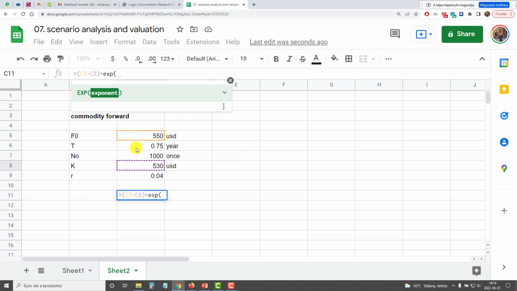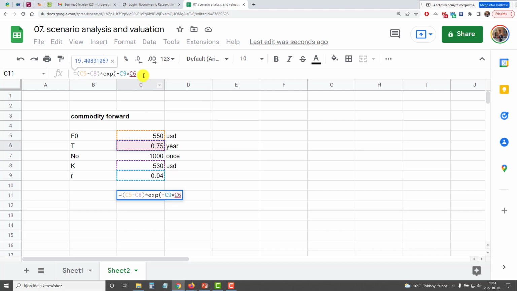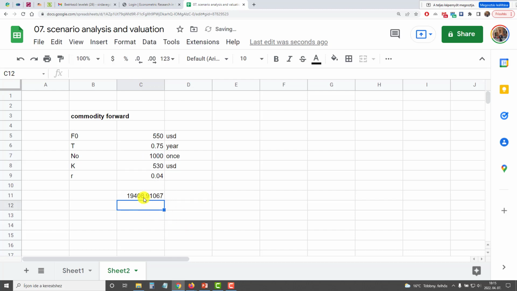And minus R multiplied by time. We have this exp, and also there is the number here, the amount of ounces in this contract, and then we can see that this is what we get here.